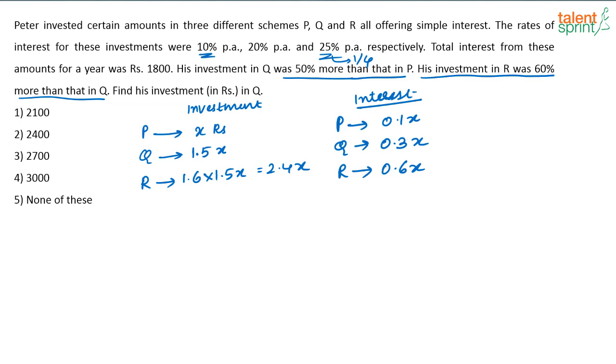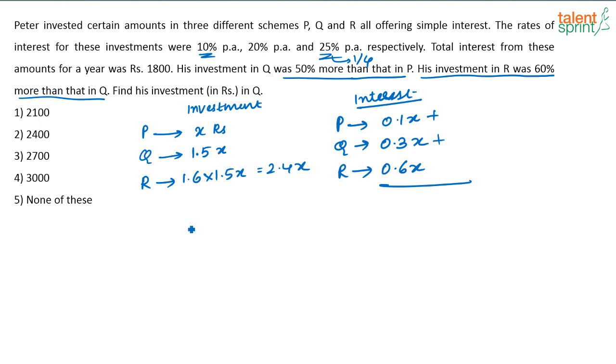Now it is given that the total interest from these amounts for a year is rupees 1800. If I add all these interests, the total comes to 1800, or I can say 0.1x plus 0.3x plus 0.6x.